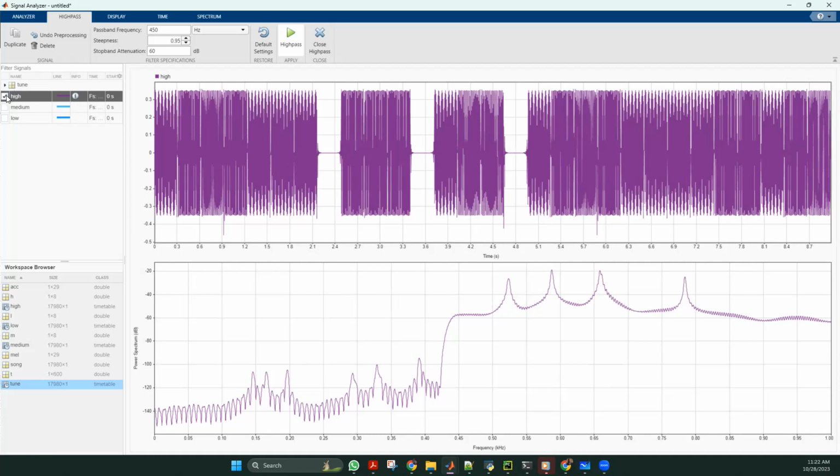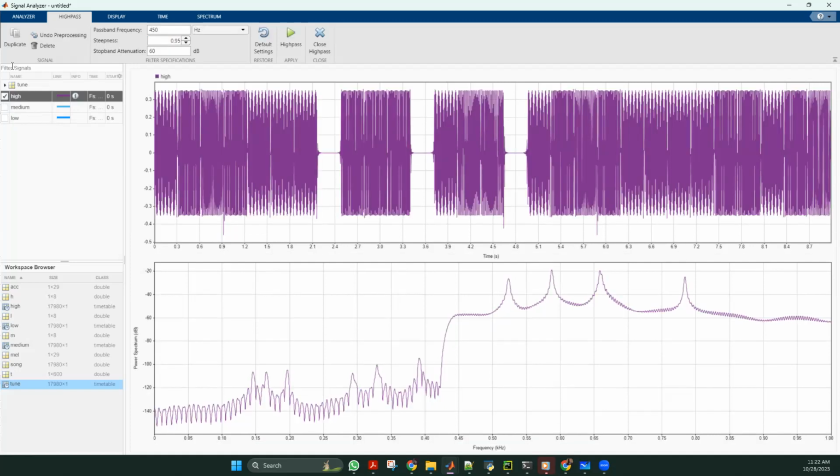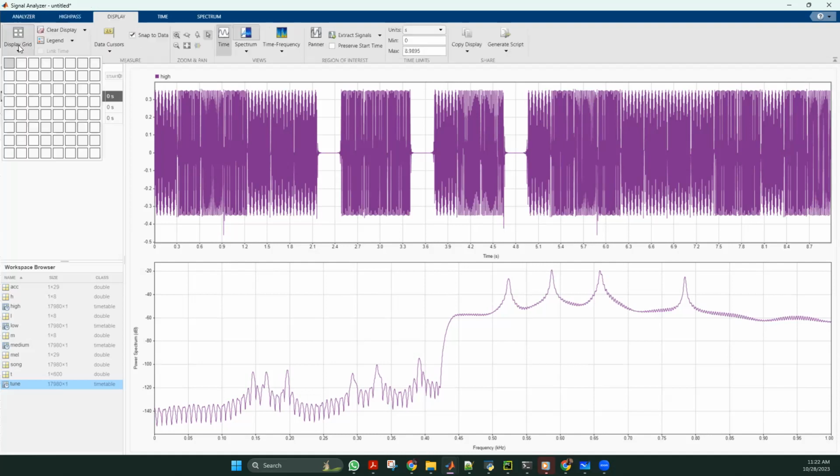And then you have the, sorry, I will keep it. Then I want to do filtering under the band pass region. So I will add another plot in here.